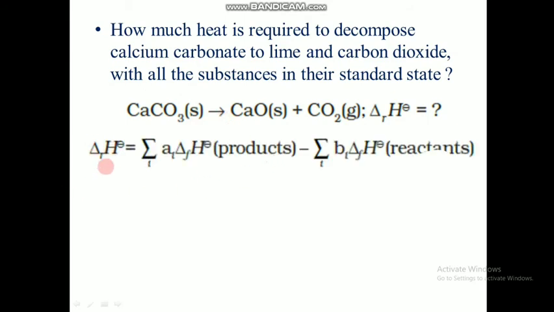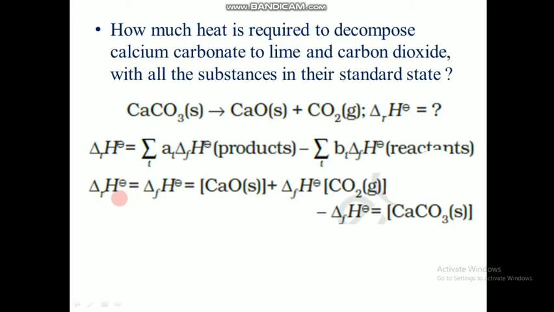So delta RH, or enthalpy of reaction of this particular reaction, is equal to the summation of enthalpy of formation of the products minus the summation of enthalpy of formation of reactants. So that is the equation we have, and a and b are the stoichiometric coefficients. We don't have any stoichiometric coefficients here, so because of that we don't use that a and b term.